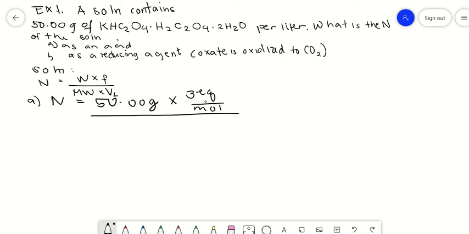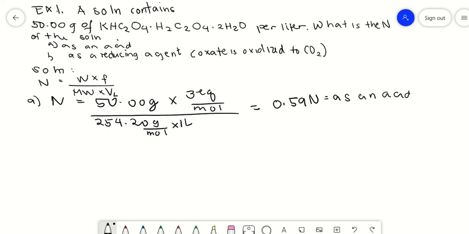Just add the atomic weights of each element or refer to your periodic table. So that would be 254.20 gram per mole, and we are given a volume of 1 liter. So the normality of this as an acid would be 0.59 normal. So this is as an acid.